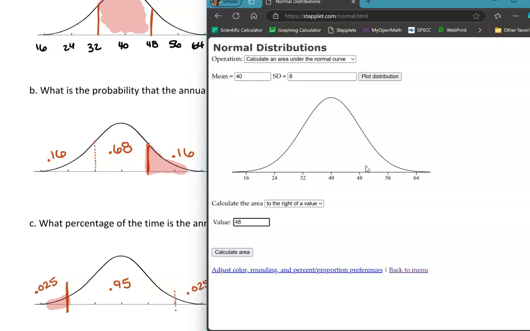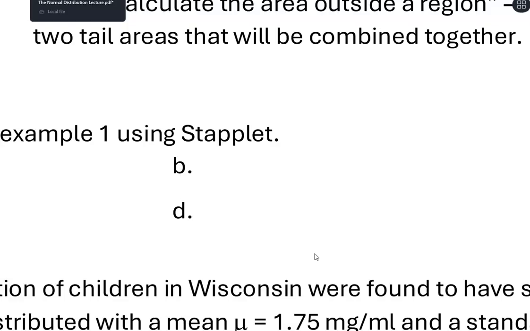So with this, we can just use the values, and for this normal distribution, we don't need to worry about the difference between more than or equal to, like we did with the binomial and discrete random variable distributions. Okay, so area to the right, because we're looking for more than, and we have 48, and we're going to calculate that area of 15.87%.